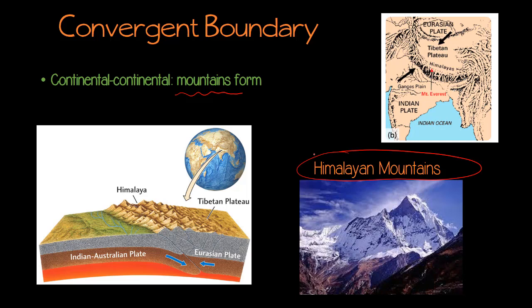It's actually also one of the youngest mountain ranges. And what's happening is that the Indo-Australian and the Eurasian, both of those continental plates, are pushing together, and that's causing the Himalayan mountains to grow larger. In fact, they're still growing today.